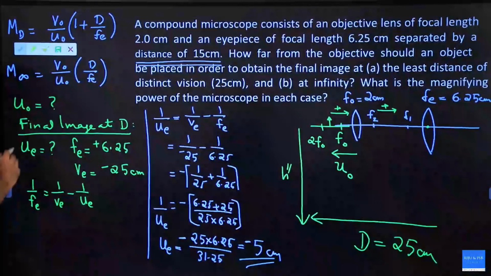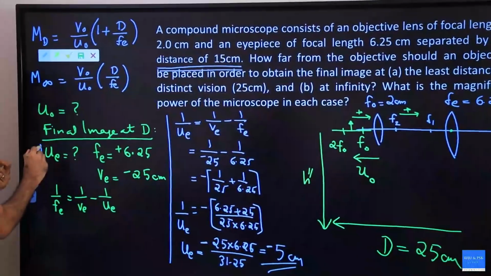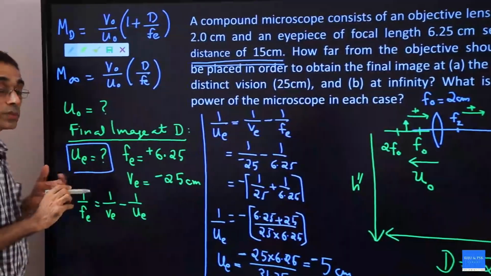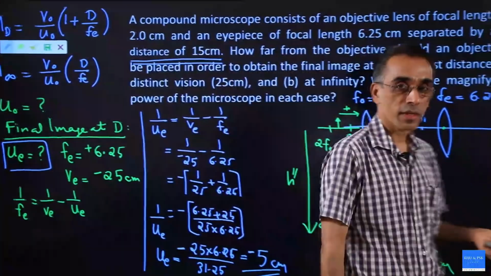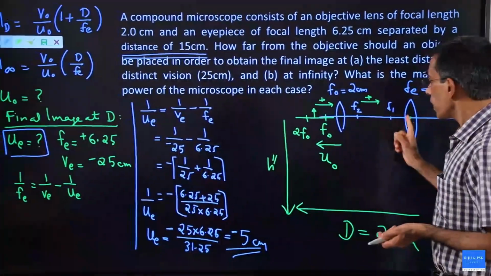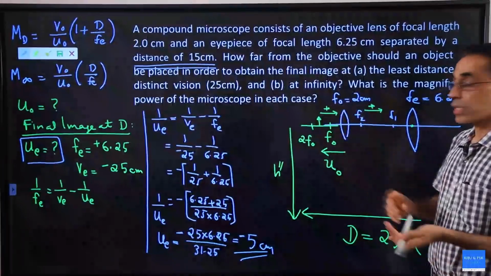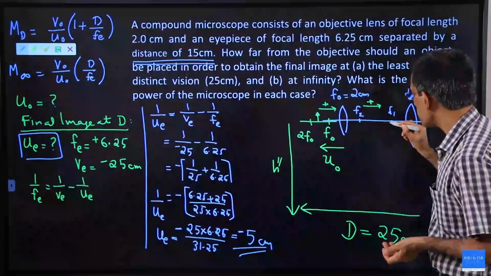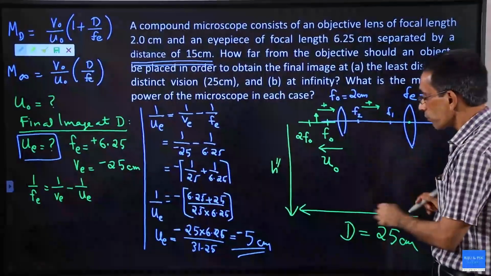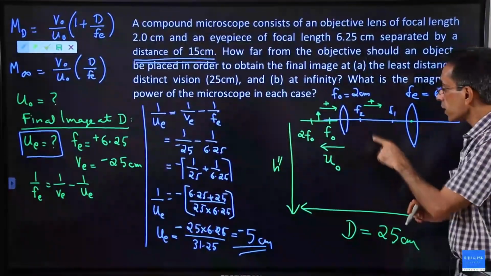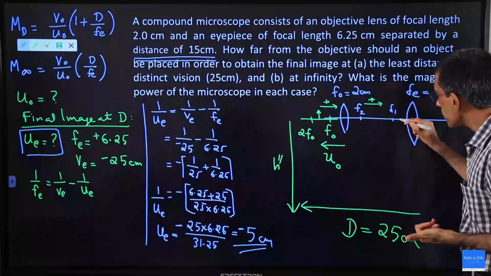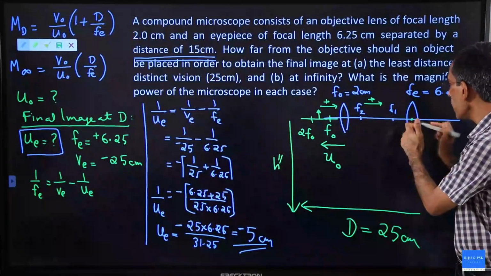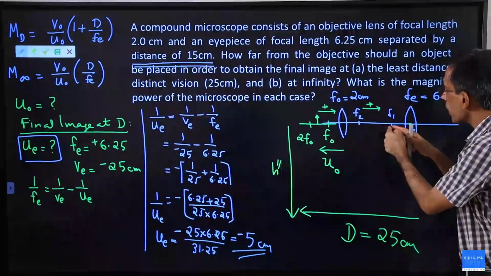What is this minus 5? This is the object distance of the eye lens. What is the object for the eye lens? The object for the eye lens is the image produced by the objective. If you want the final image at D, then the first image must be within the focal length, between the optical center and its focal point.